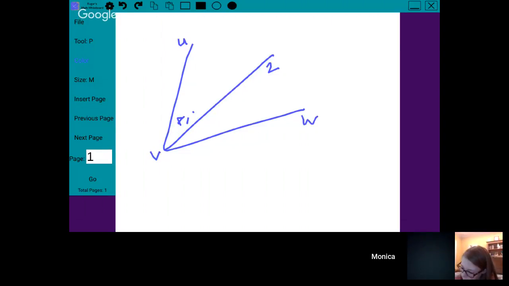Now, in the problem, it tells us that VZ is a bisector. So that means that this angle is the same as that angle, because a bisector divides it evenly into two angles. So this one is 81 degrees as well.